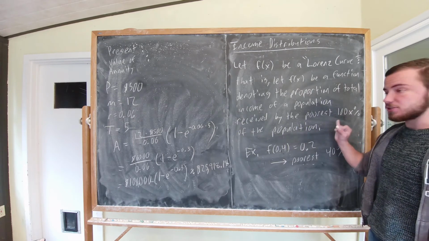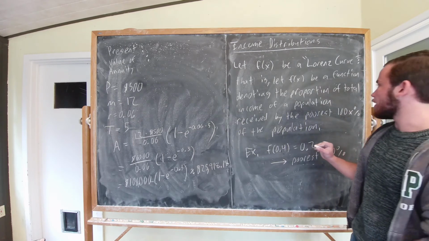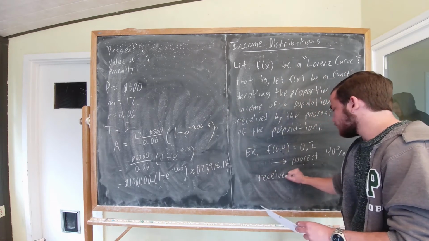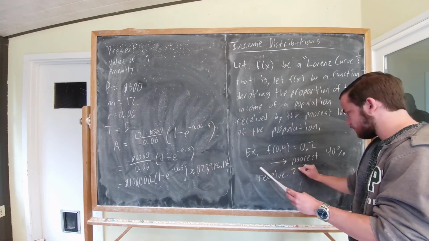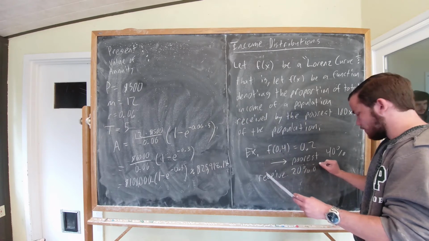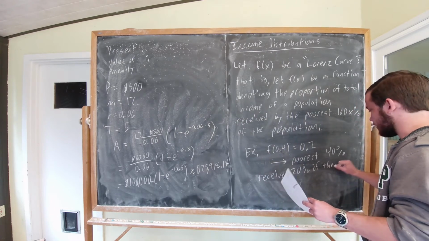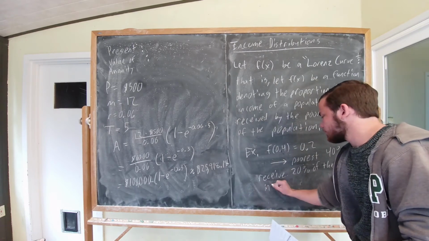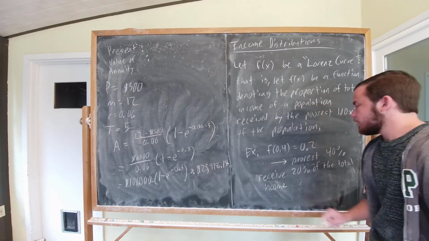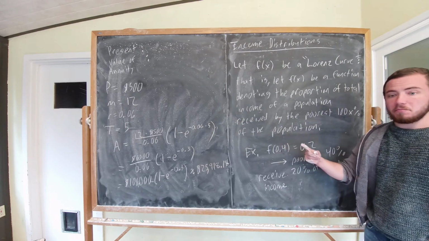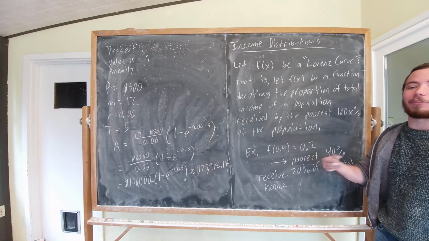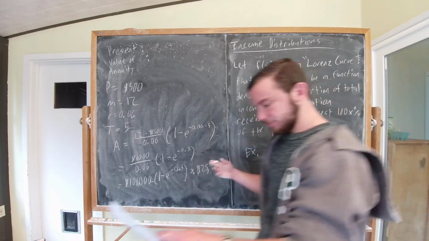So the poorest 40% of the population would receive 20% of the total income. Right, that's what it means. If you plug in a percentage of the population, you'll get back a percent of the wealth that they actually are getting.